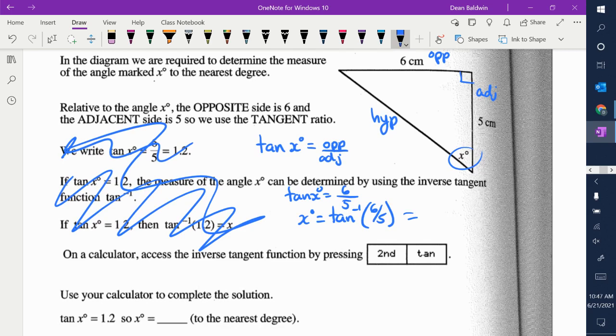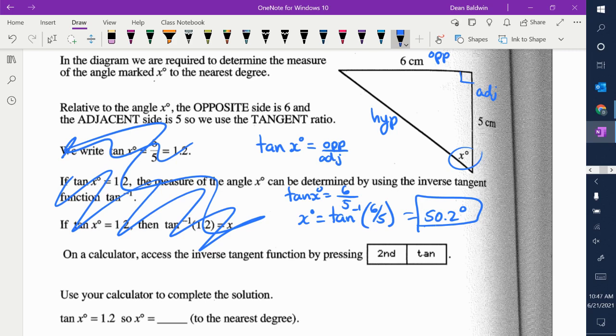Oh, and what mode must your calculator be in? Degree mode. So in the corner of your calculator, it should have DEG. The answer is 50.2. So if you got that, your calculator is in degree mode. If you did not get that, you either hit the wrong button or you're not in degree mode. Did everybody get that?